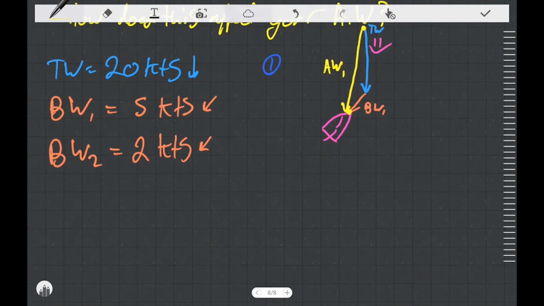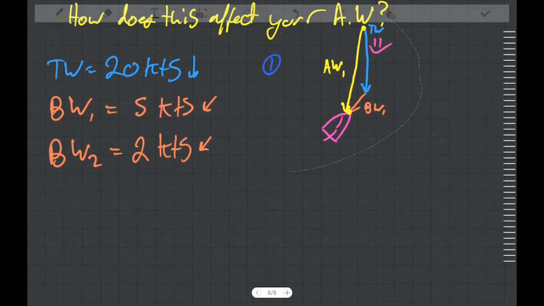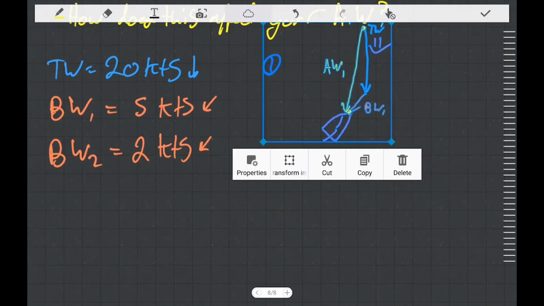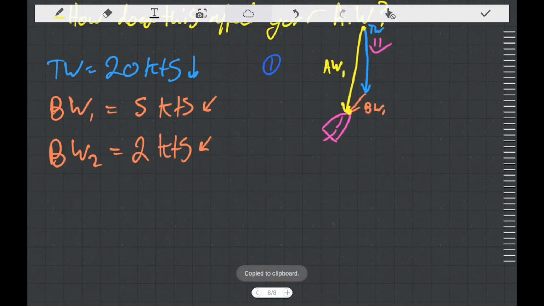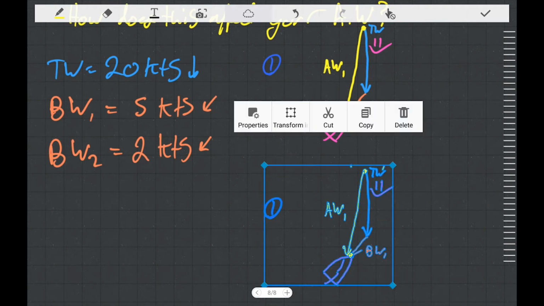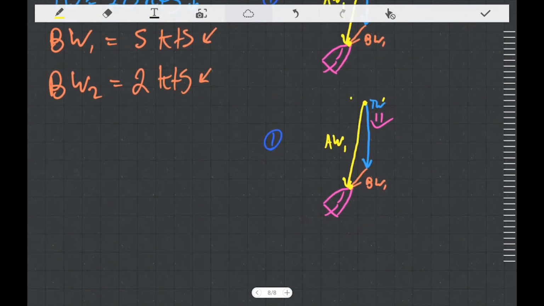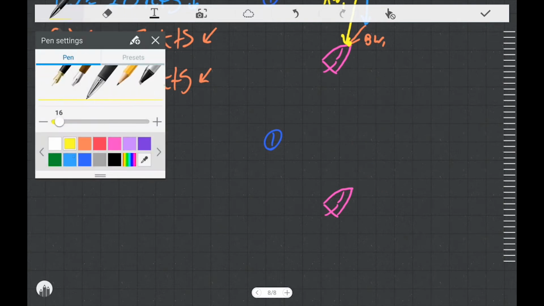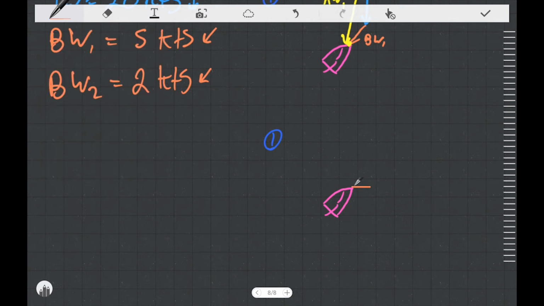Now, again, just so that we keep our directions in our scale the same, I just want to copy diagram 1 and put it below for diagram 2. And we're going to see what happens here. When we erase boat wind 1 and the apparent wind, we're going to draw in our boat wind, and it's pointing in the same direction, but it's 2, not 5, so it's going to be a very, very short arrow here.